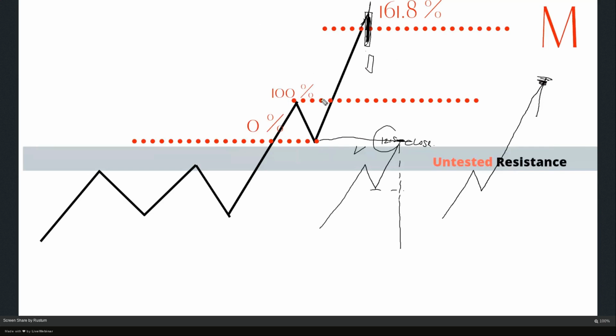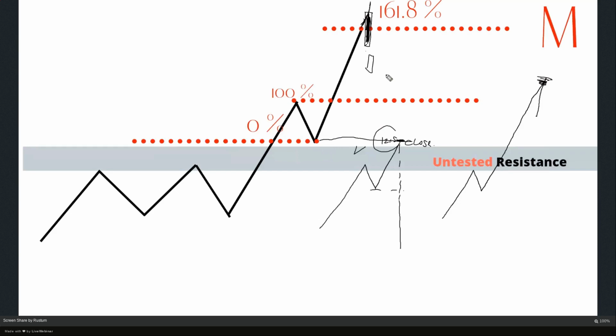So this is a qualified M pattern, so that you don't take all the M's that happen even in the zone. What's happening here is you're filtering out your trades even more. Not only are you filtering your trades when it's not in the zone, you are filtering even when it comes in the zone.